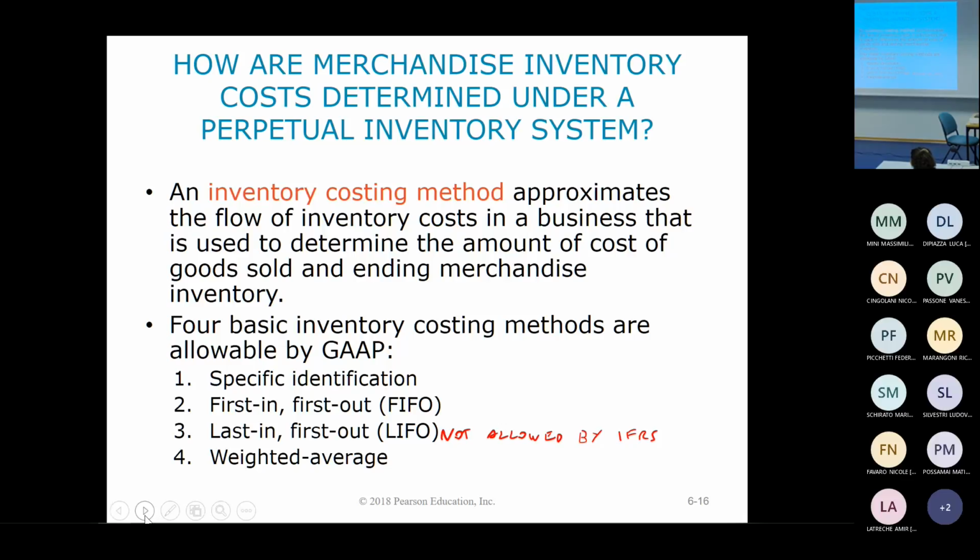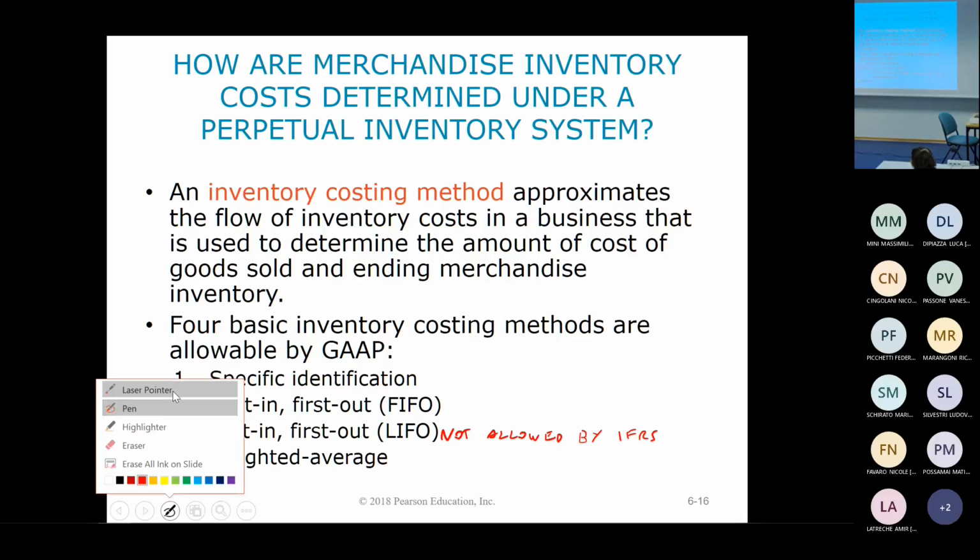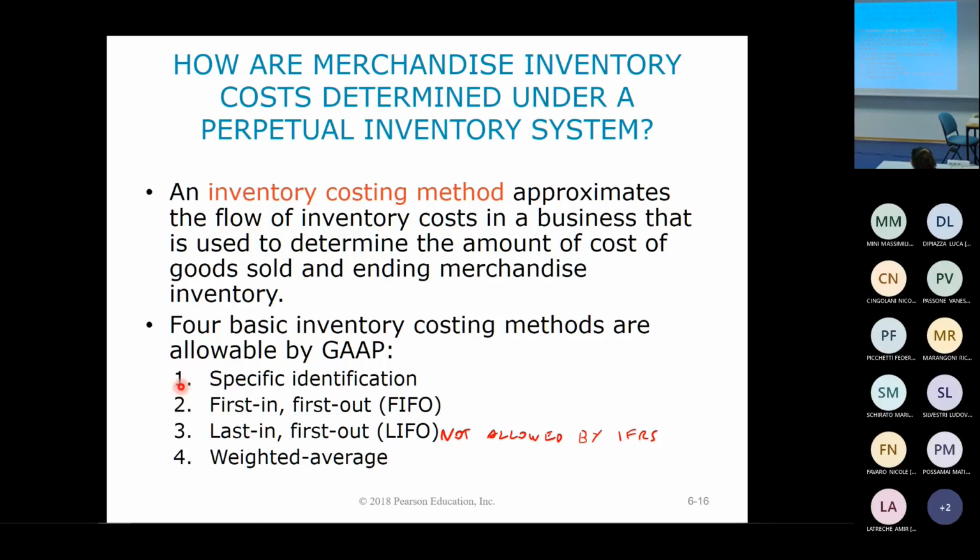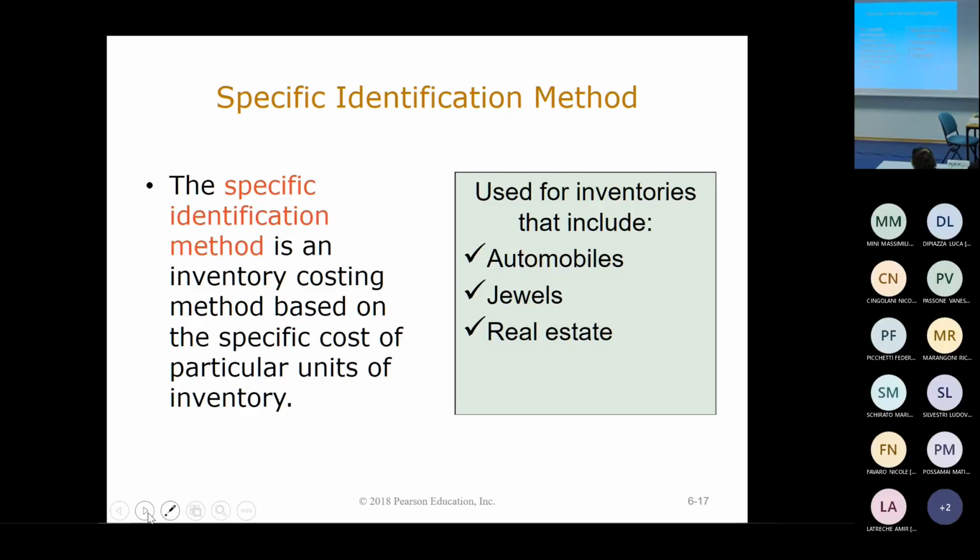So let's start with the specific identification, which is not a method at all. I mean, it's not an assumption at all. You simply know exactly the units you are selling. You can identify them precisely, so you know exactly how much they cost. This is clearly used in some cases: automobiles, jewels, real estate, selling houses.